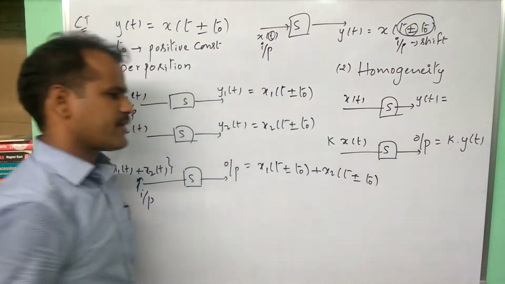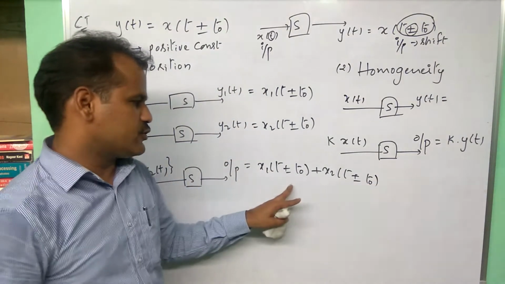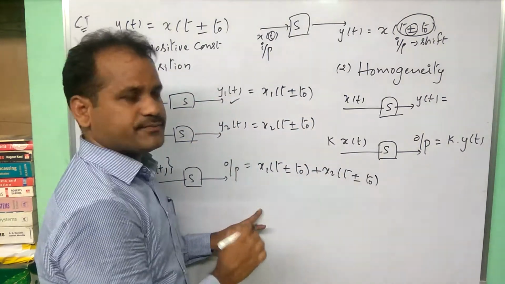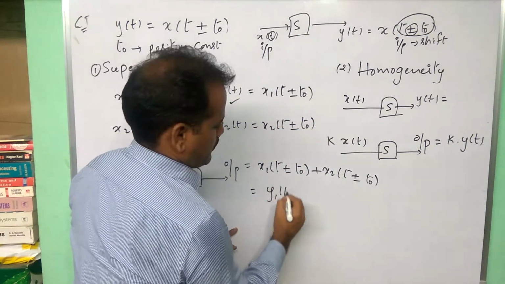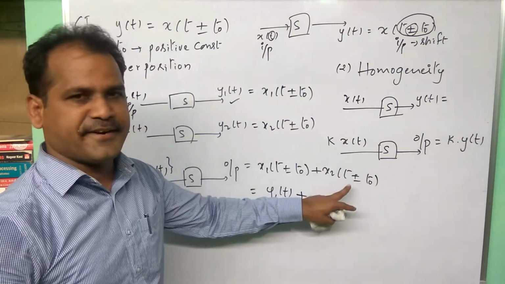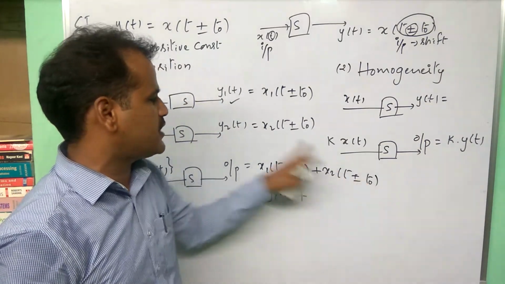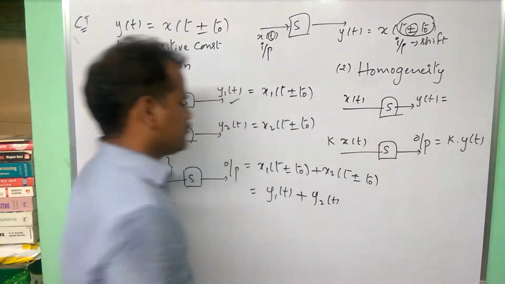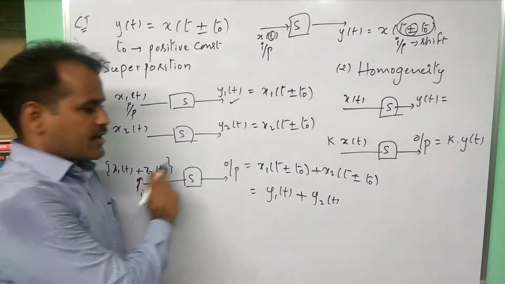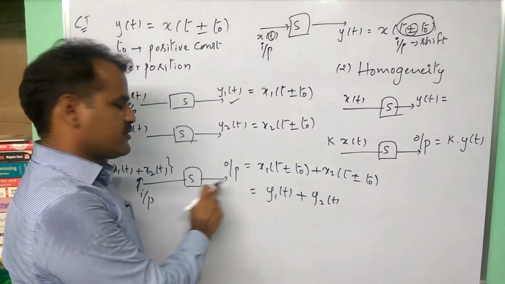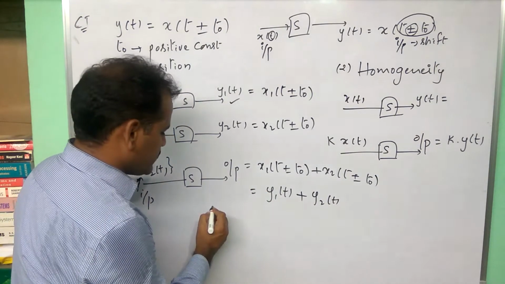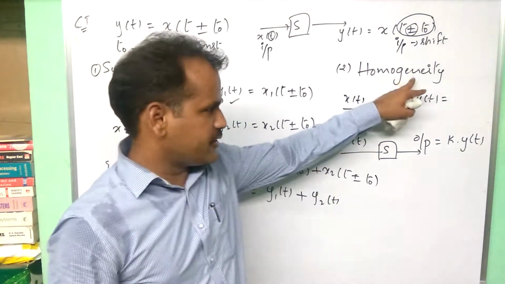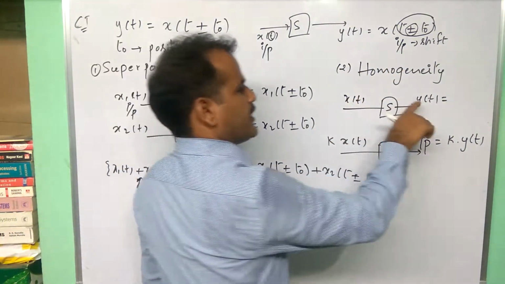We can write the first term as y1 of t and the second term as y2 of t. So the combined inputs give combined outputs, and the superposition principle is satisfied.